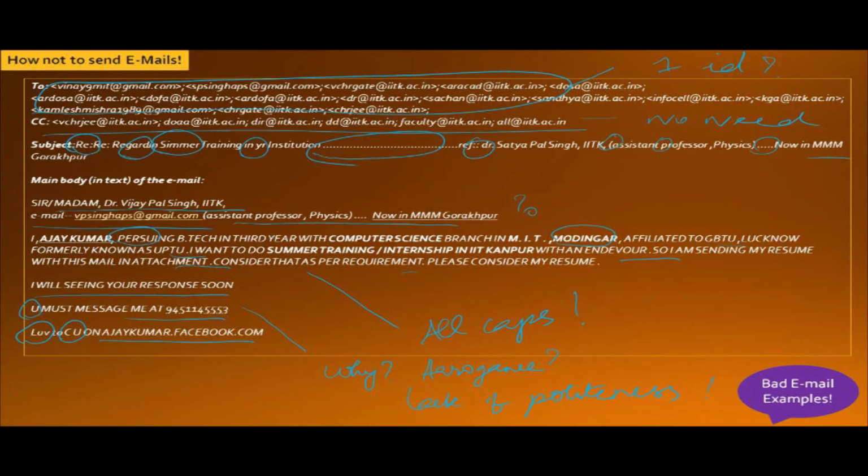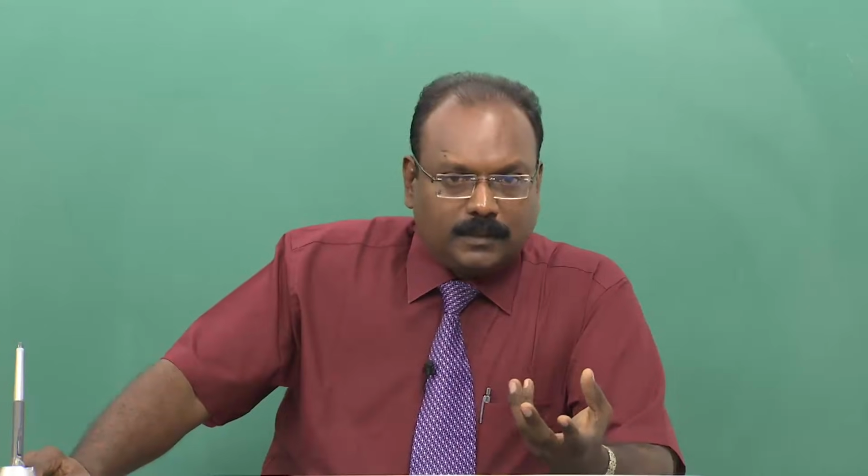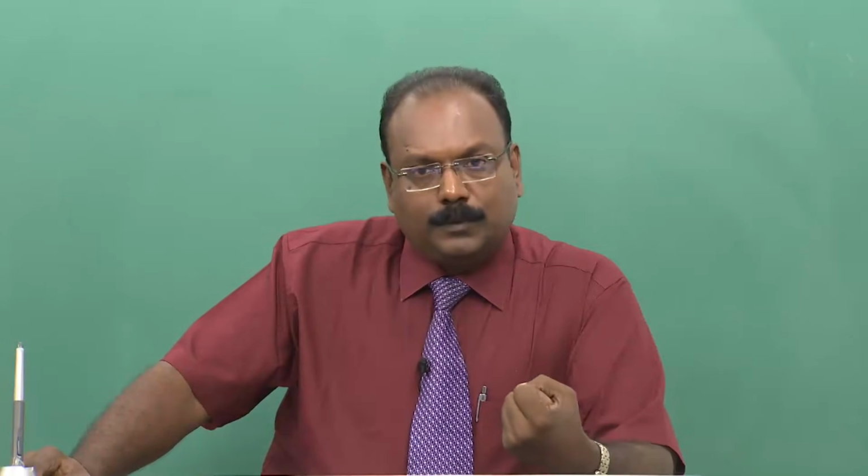Faculty at iitk.ac.in will go to around 500 people. All at iitk.ac.in will go to around 10,000 people. Now, why is he sending? Whom is he asking? The 10,000 people will include students of first year, then some workers, staff. So, whom does he want to give him the internship?